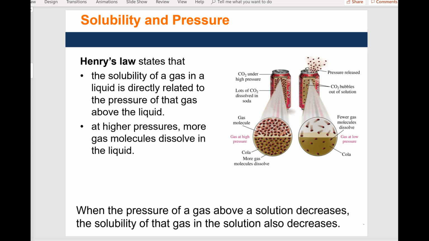This is really important from a medical standpoint for people who do a lot of scuba diving. When you go under the ocean, you're increasing the pressure on your body, and your blood has dissolved gases in it.